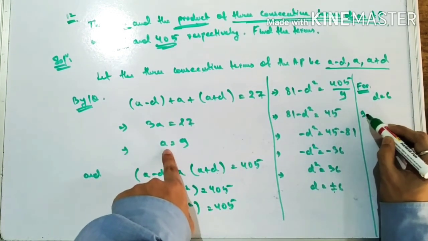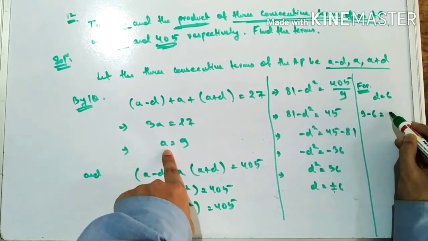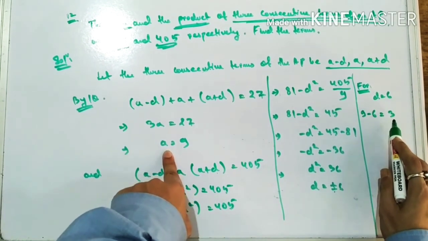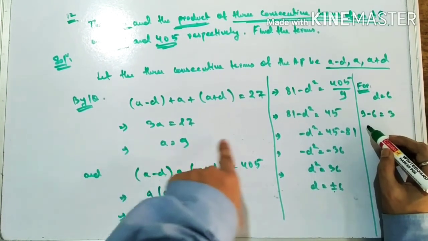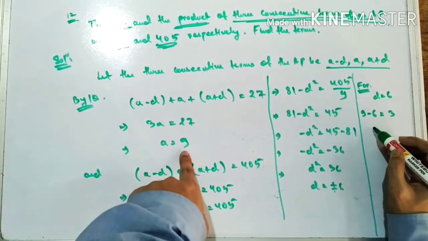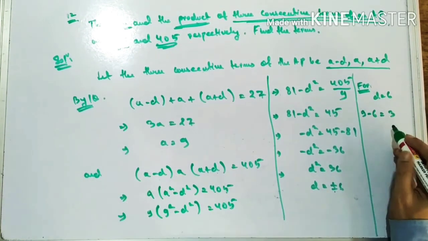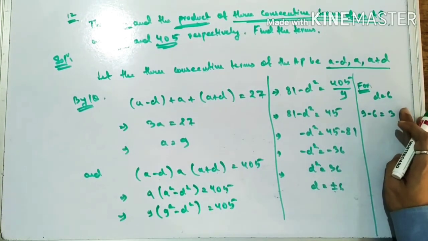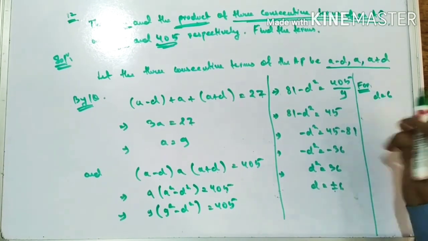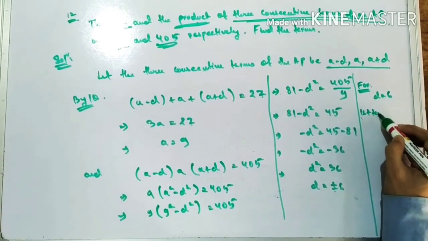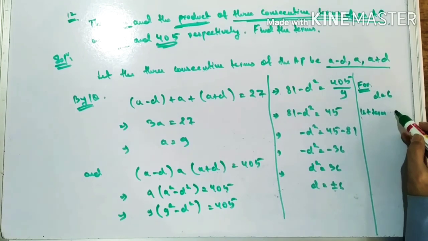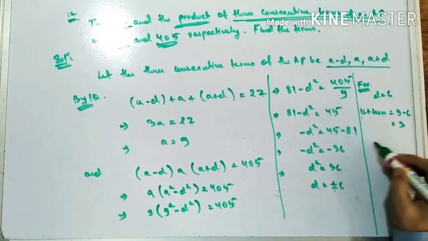So this will be 9 minus 6 is equals to 3. Okay, the 3, and then again next one is a, our 9. Let me write it in this way: d is equals to... first term, it will be 9 minus 6, which is equals to 3.